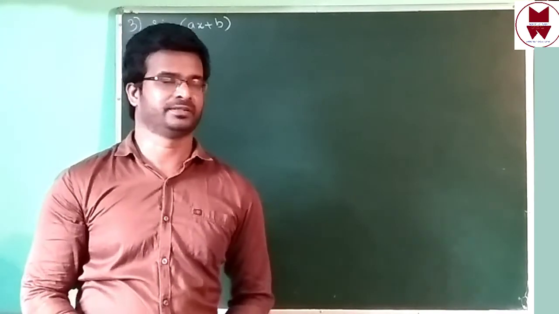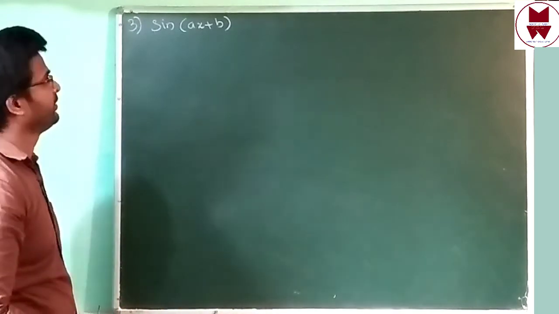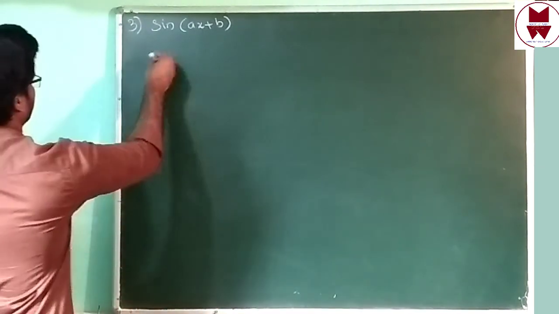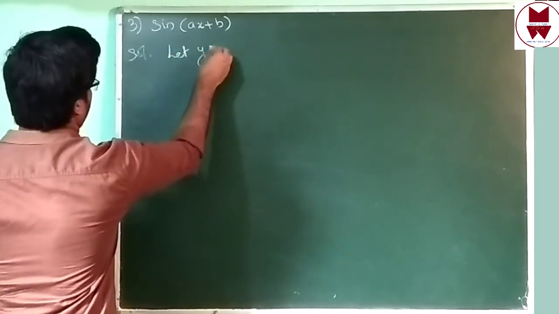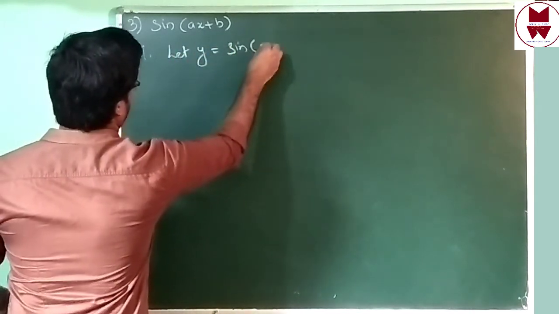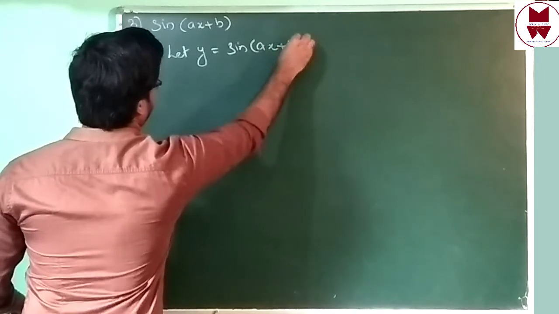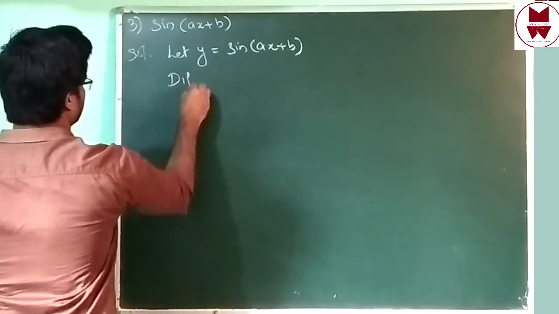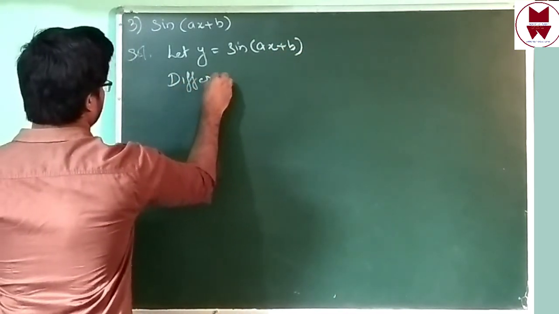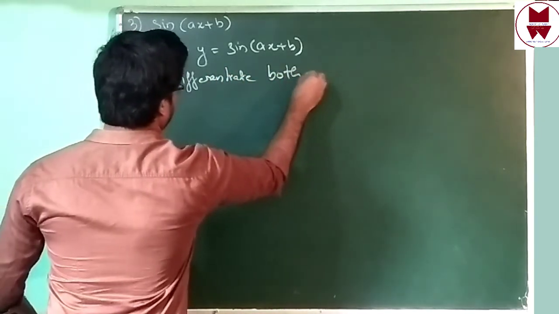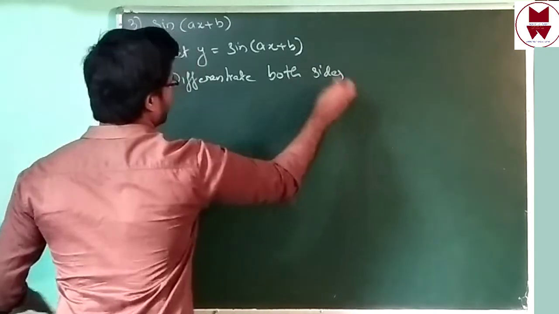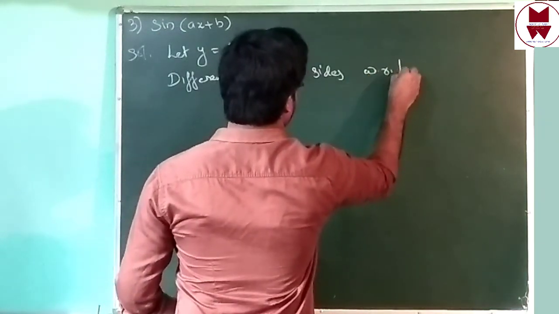Now we can see question number 3: sin(ax plus b). First give one name. Let y equal to sin(ax plus b). Differentiate both sides with respect to x.